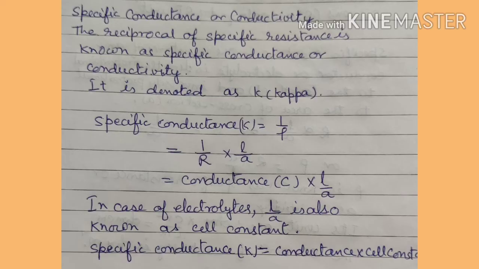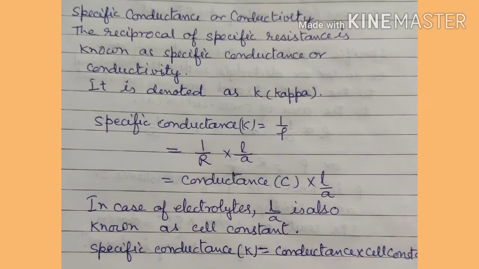Now we will see specific conductance or conductivity. The reciprocal of specific resistance is known as specific conductance or conductivity. It is denoted by small k, also called kappa. The specific conductivity is equal to 1 upon rho, which is equal to 1 upon R into L upon A. Then 1 upon R is the conductance, into L upon A, which is called the cell constant.